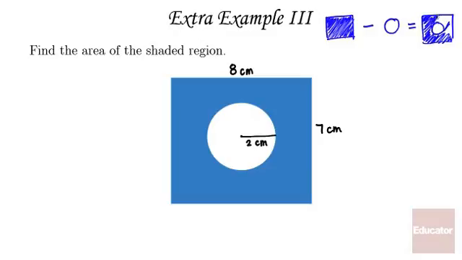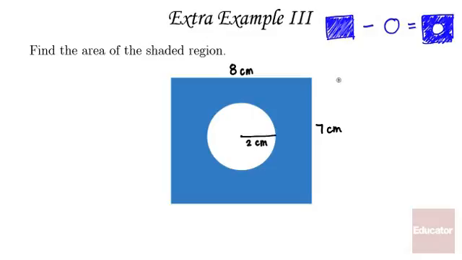So imagine if this rectangle was like a piece of paper, and you cut out a circle, right? Well, you have to figure out what's the area of that circle that you cut out to see what you're taking away. So find the area of the rectangle, find the area of the circle, subtract it, and you'll get the area of the shaded region.